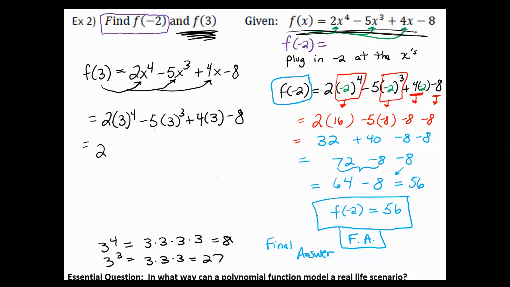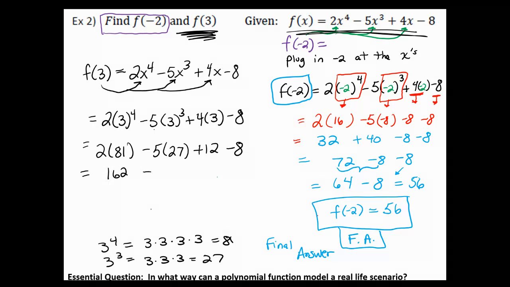Okay, so hopefully you're back now. This would be 2 times 81 minus 5 times 27 plus 12 minus 8. So that's 162 minus 135. Let me double check that with a calculator: 5 times 27. Yeah. Okay, so 162 minus 135 is 27.